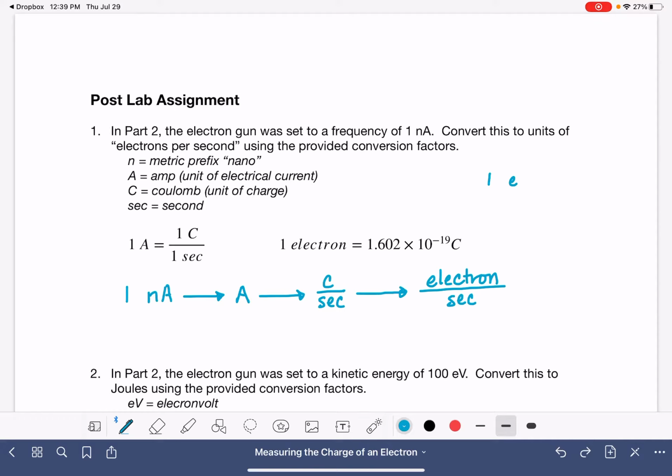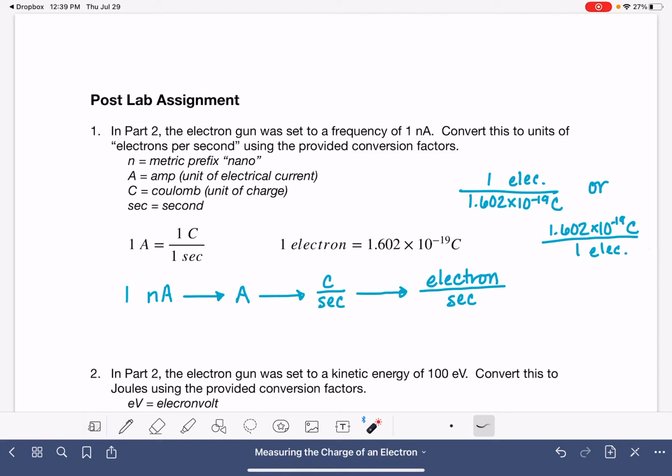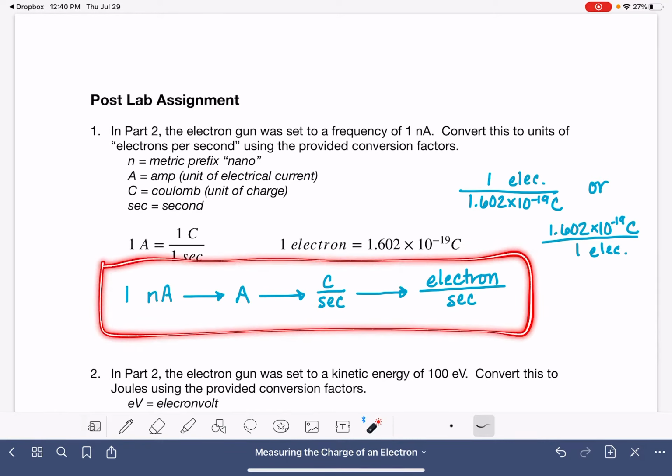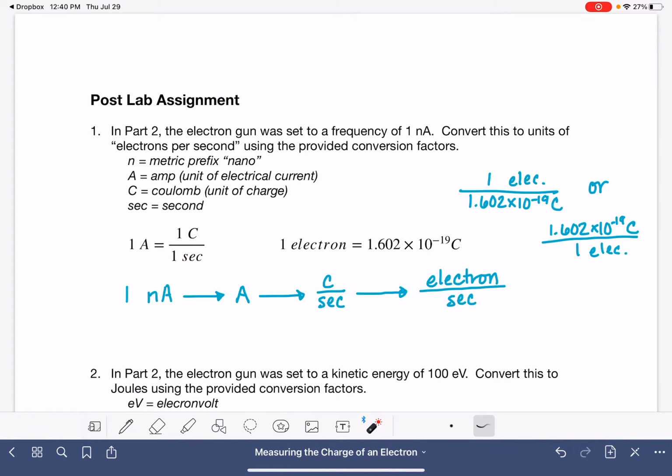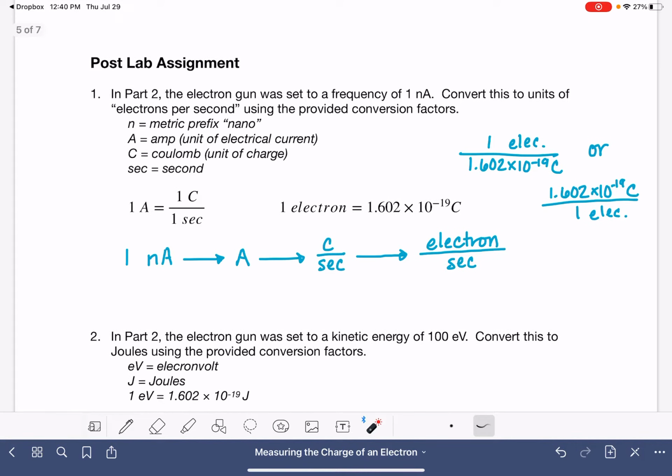It's either going to be 1 electron is 1.602 times 10 to the negative 19 coulombs, or you might use it in the other direction: 1.602 times 10 to the negative 19 coulombs is 1 electron. You have to decide which one of these is the appropriate version based on where your units are located here and where you want your units to end up being located at the end. So this is just an exercise in unit conversion, just practicing stuff we've been doing related to unit conversions.